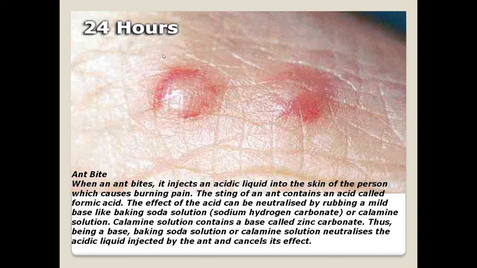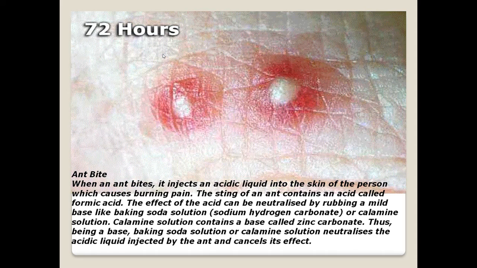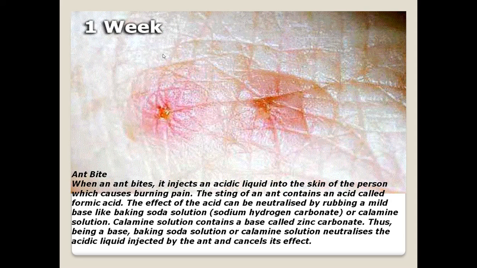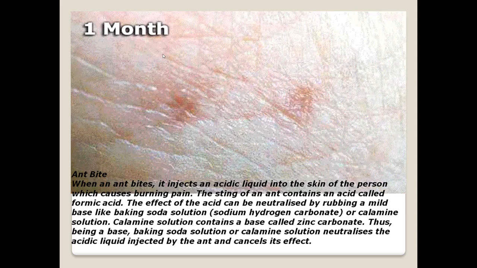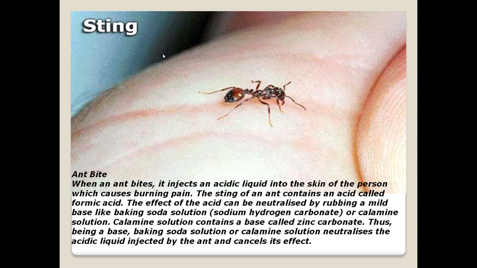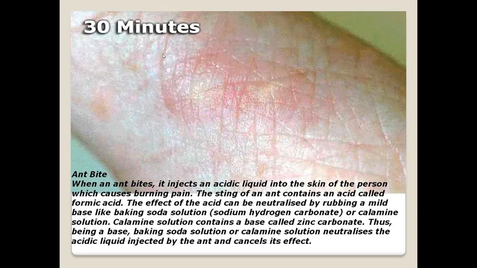This baking soda solution is nothing but sodium hydrogen carbonate solution, or you can also use calamine solution. This calamine solution contains zinc carbonate. It is actually a salt, but when it is mixed with water, it forms zinc hydroxide, that is a base.